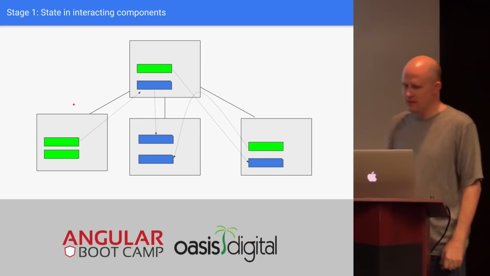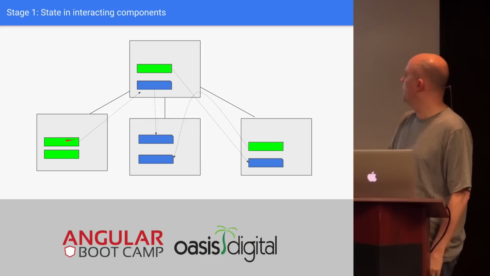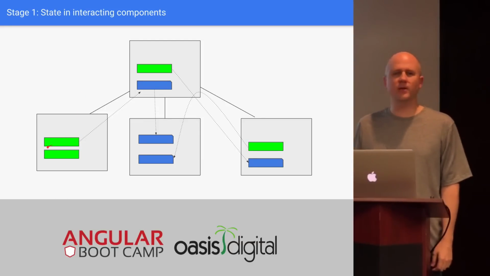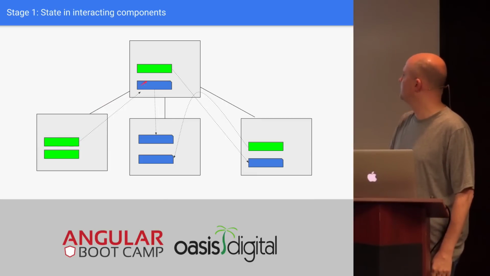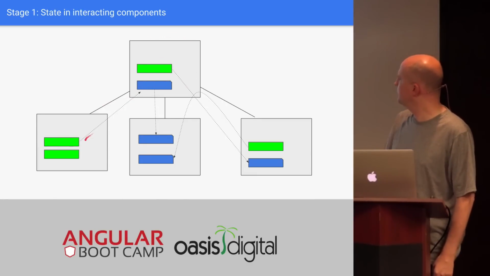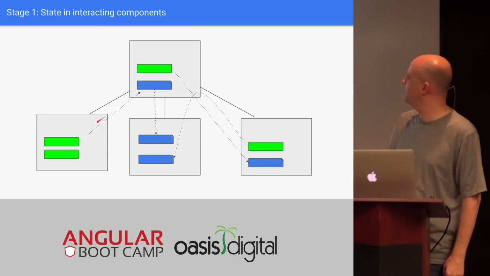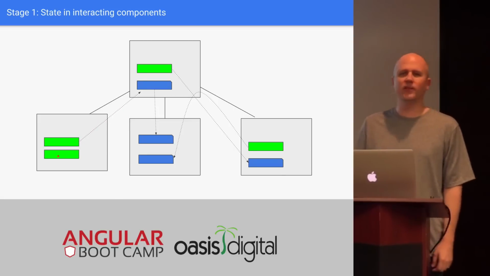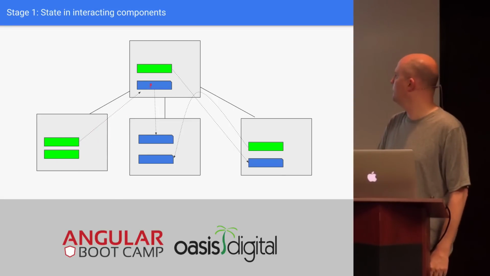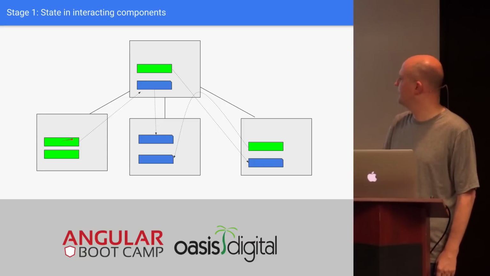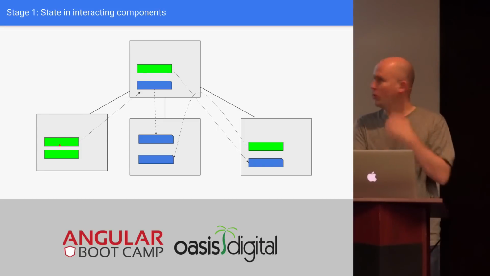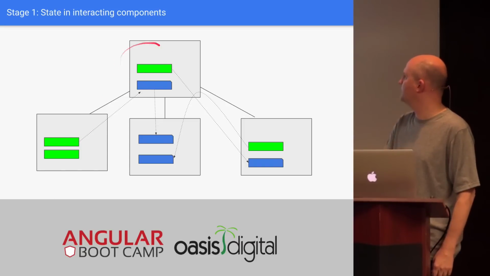For example, maybe this is the order quantity in a subcomponent, and maybe we need to display that order quantity somewhere in the top level component. And so this line right here represents an event binding so that this component down here can inform that component of the state of the order quantity so that it can be accessed up here.